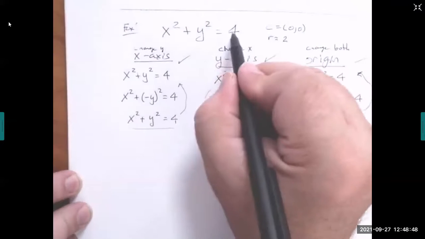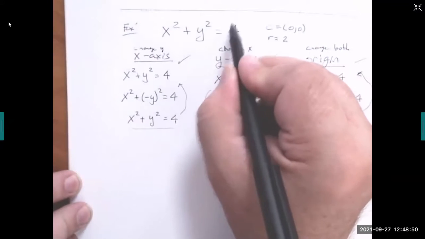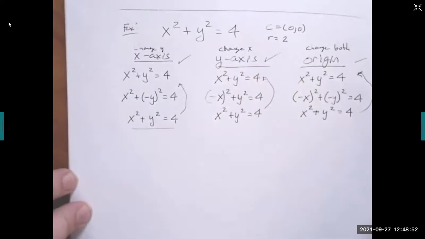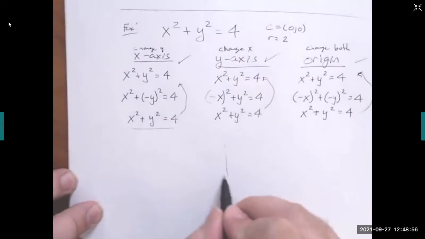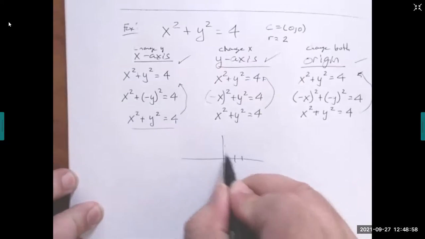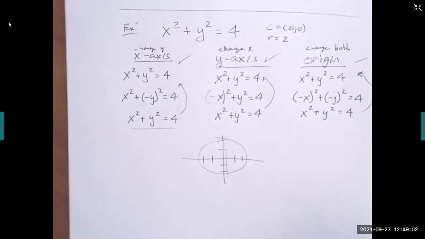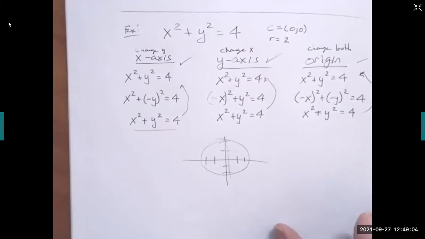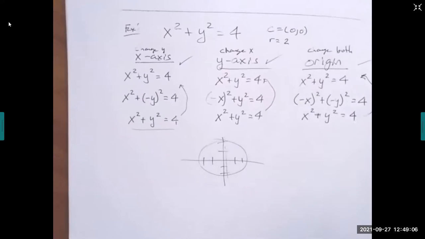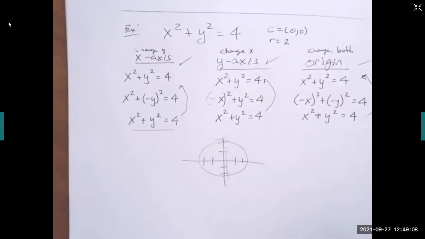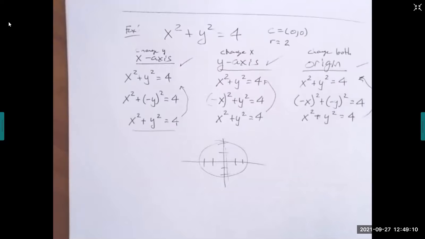Because this is r squared, this is the square root. Very good, though. This is an equation of a circle. Okay, so that's symmetry we're looking at.